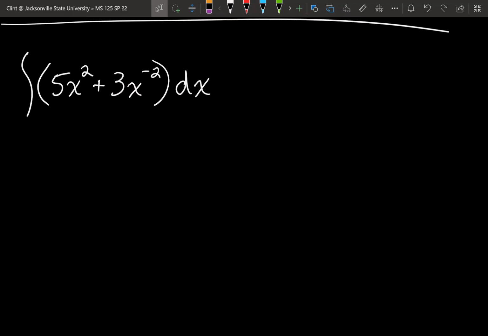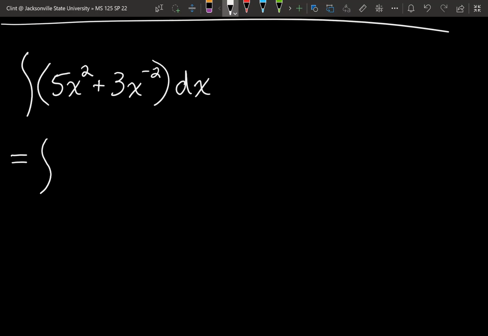What's different on this one? Yeah, this is indefinite. We don't have numbers on the integral symbol. We don't have the limits of integration. So all we're doing is finding the antiderivative, and we stop. Okay.